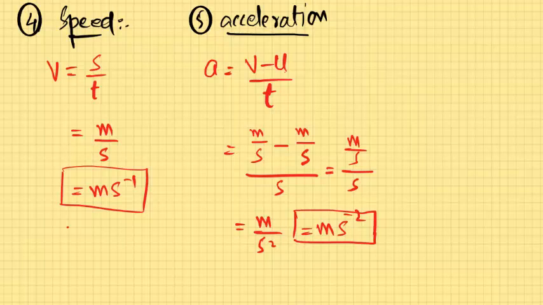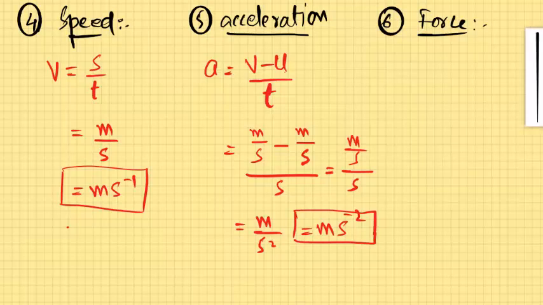Now after doing acceleration, I can move on towards force. Again, if I want to figure out the SI base unit of any physical quantity, I first should know the formula of that physical quantity. If I'm talking about force, there are numerous ways to explain force, but the very basic way, which we all know, is a conclusion of Newton's second law of motion, F equals ma.